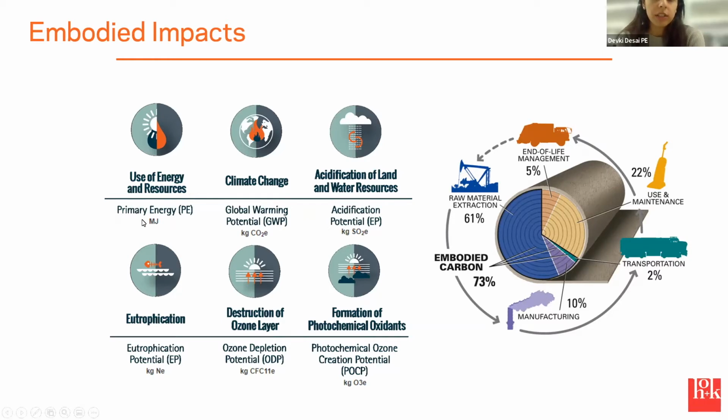You'll also notice a little E next to the CO2 and some of these other emissions. That's because, for example, with global warming potential, there are many greenhouse gases, of which carbon dioxide is only one. So we multiply the other greenhouse gases by a factor to consolidate it all under the umbrella of carbon dioxide equivalents.